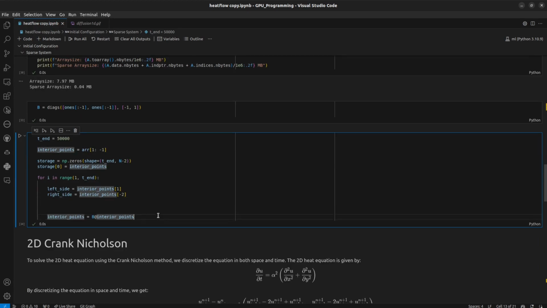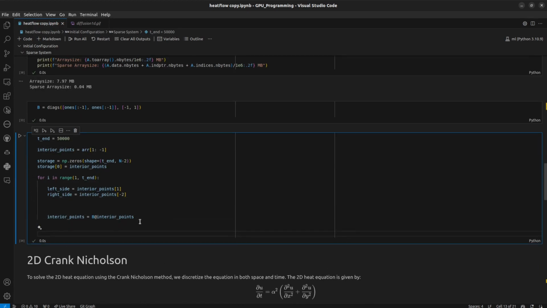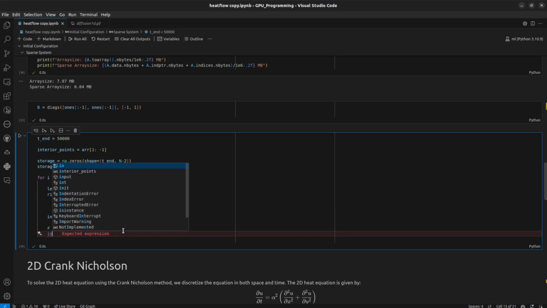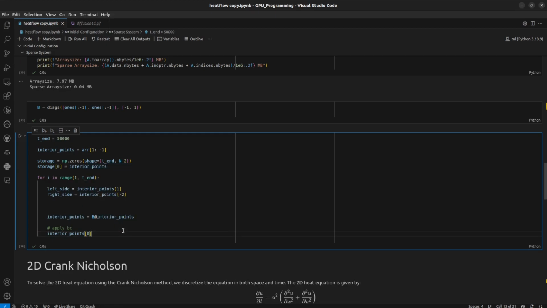Okay, then when we have computed this right-hand side of our equation, we have to apply the boundary condition. So these are going to be the first and the last point.